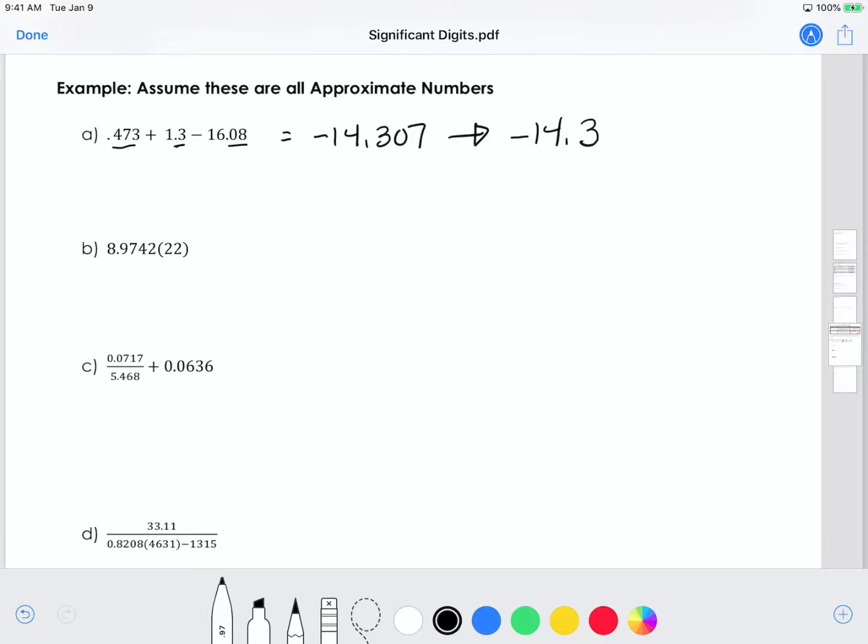Okay, in the next example, we have 8.9742 times 22. And this one is slightly tricky. Because this is multiplication, I want to make sure that I'm focused on accuracy, and I want to make sure that I keep the least number of significant digits in my final answer when I round it.